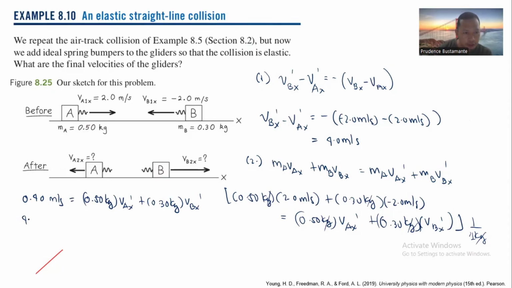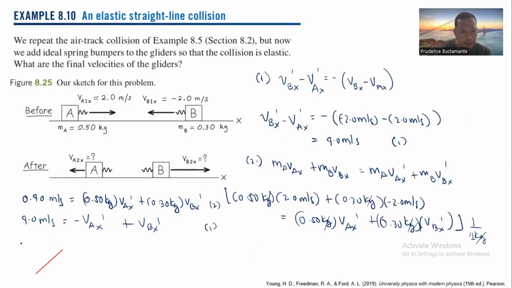And we have another equation like this: 4.0 meters per second is equal to negative VAX prime plus VBX prime. Okay, so this is our equation 1 and our equation 2.